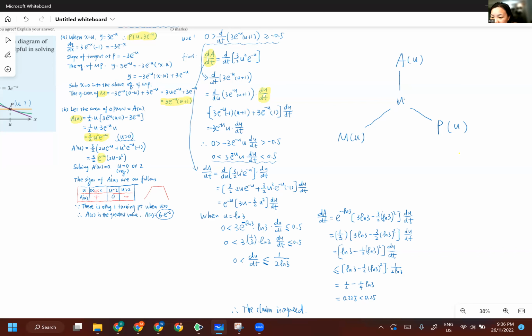And this given, this is M, is also related to du/dt. Everything is related to du/dt, that's why in the end you can find it.